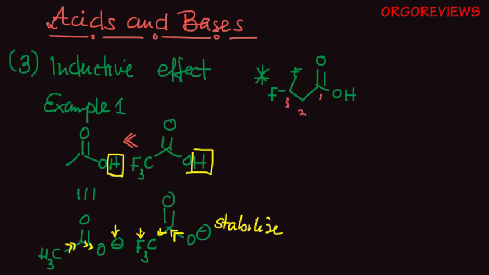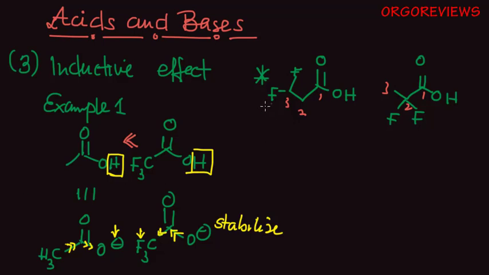And then I have another acid that has the fluoro group on the second carbon. So you can see this is carbon number 1, 2, and 3. Which of these two is going to be more acidic?